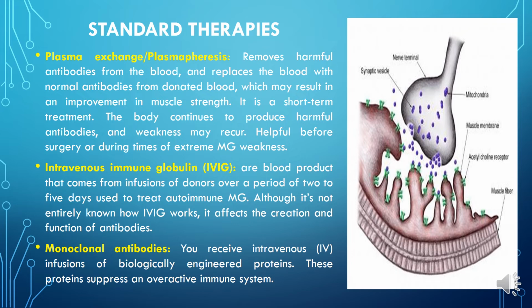There are many therapies like plasmapheresis, or plasma exchange, where the antibodies of the patient suffering from myasthenia gravis are replaced by blood or plasma procured from healthy individuals. In this way, the harmful antibodies in the blood are replaced by healthy normal antibodies that do not attack the body's cells but instead attack foreign antigens.